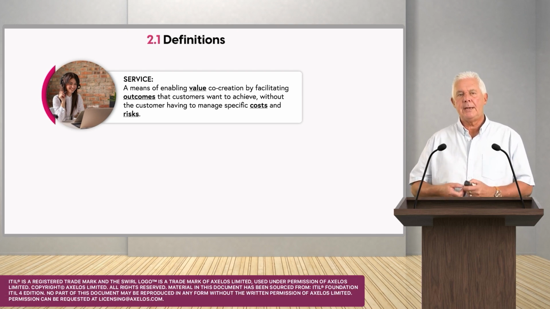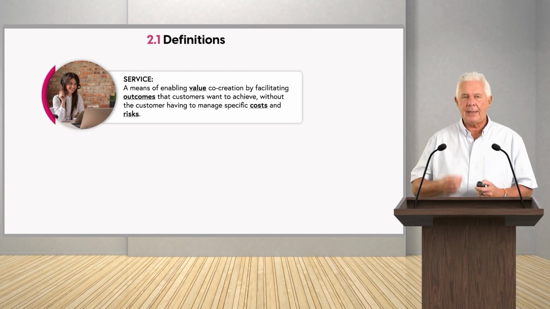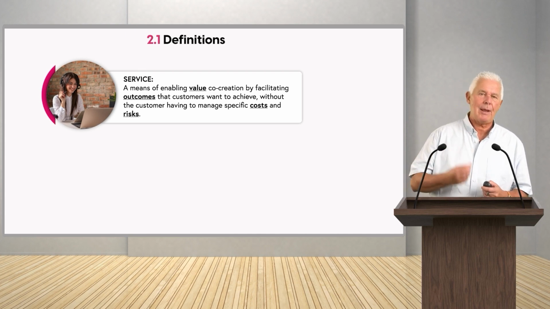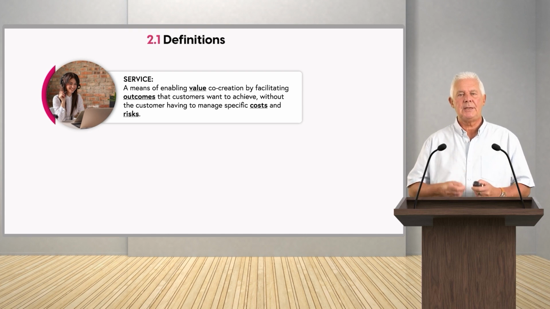So when you're looking at an exam question around the definition of a service, try and remember that acronym VOCR. A service must enable value, it must facilitate outcomes, and the customer doesn't need to worry about managing specific costs and risks of the provision of a service.